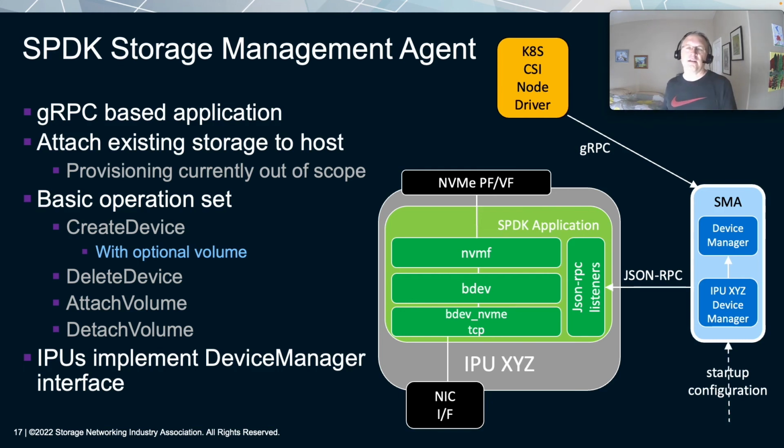The Kubernetes CSI node driver itself doesn't need to change. It's still just talking to SMA. The responsibility is on starting SMA up, doing any startup configuration, and making sure that you have that device manager implemented for whatever is specific for that IPU.